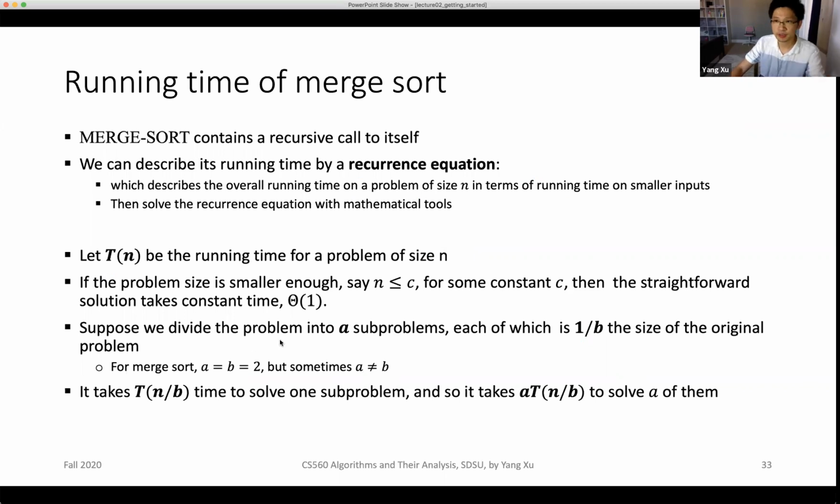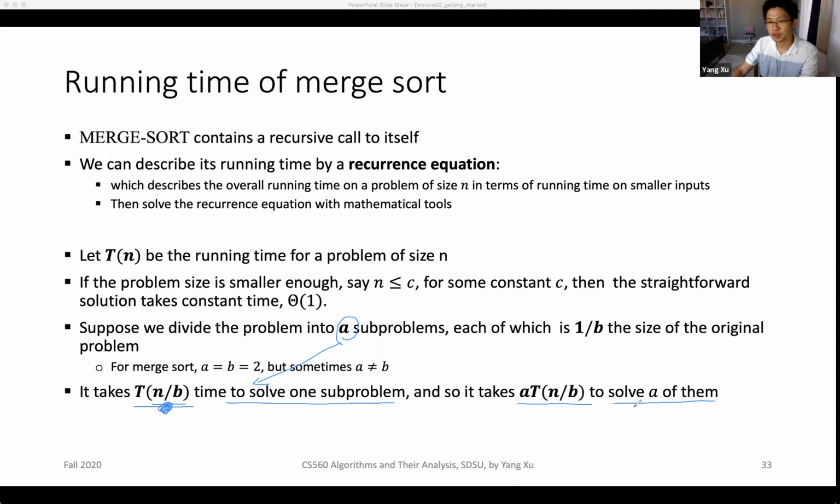So now the next step is critical. We can use the expression T of n over b, because n over b is the size of the subproblem. We use T of n over b to denote the time needed to solve one subproblem. And because we have a such subproblems, the total time is a times T of n over b.